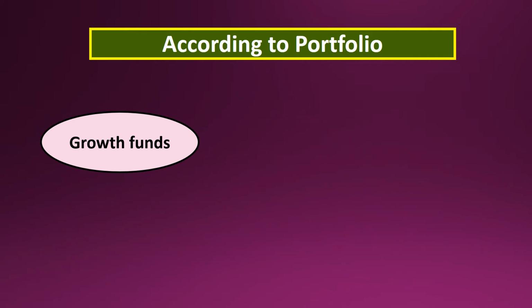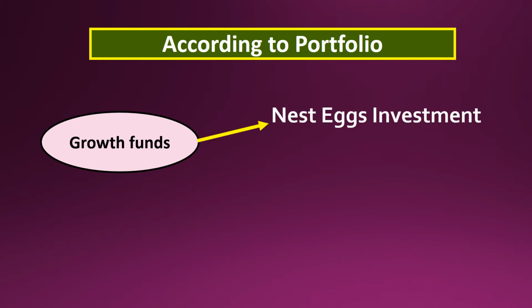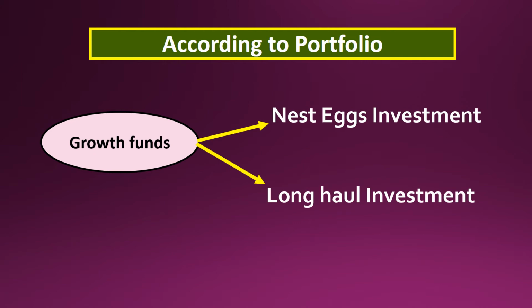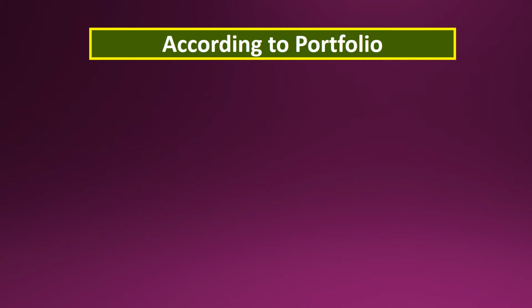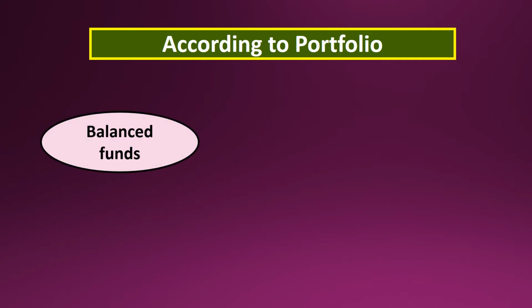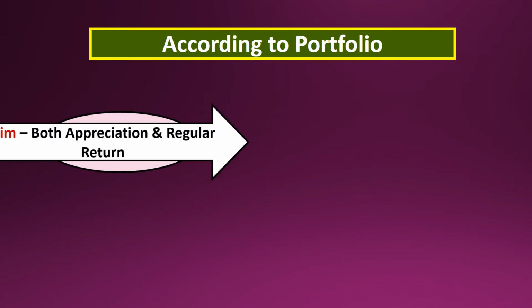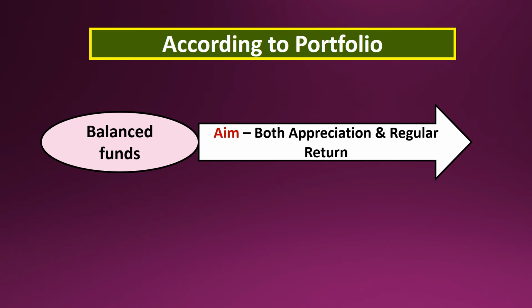And so the growth funds are also called next egg investment or long haul investment. However, the risk involved in such funds is higher than in income funds. And coming to the next type of fund, that is the balanced fund, its main aim is both capital appreciation and regular return.